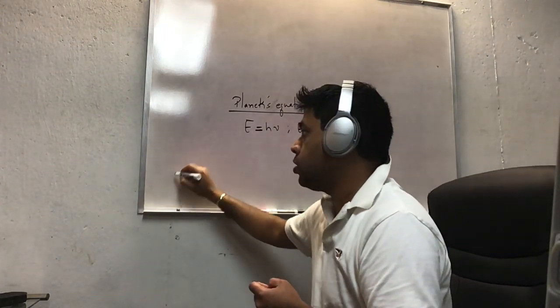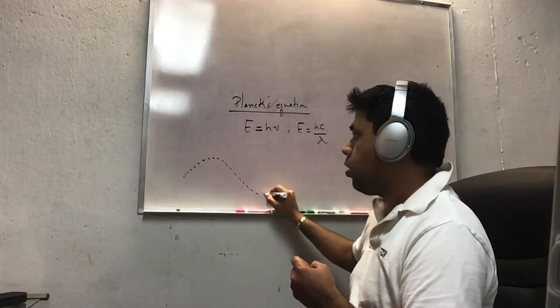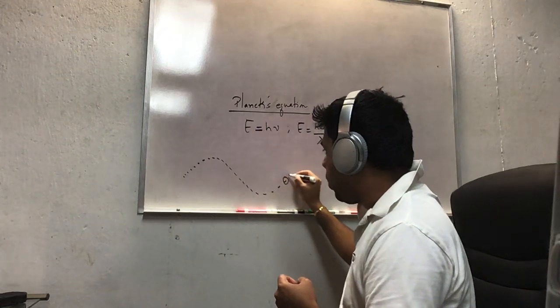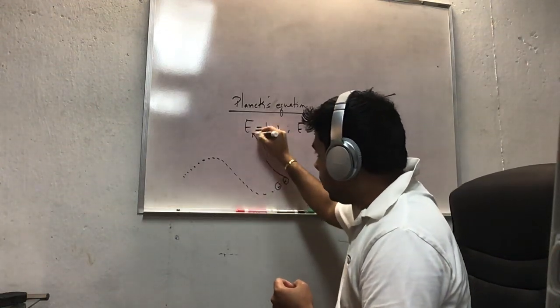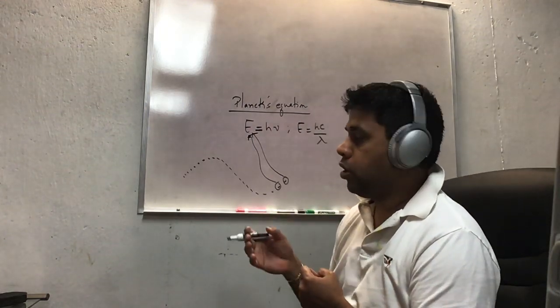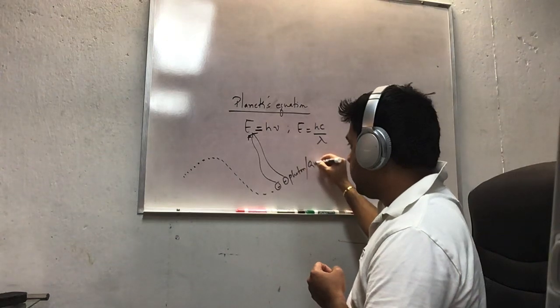Instead of going as a continuous wave, it is now an individual package called a photon or quantum. So we are calculating for each, this E stands for the energy of each quantum or photon.